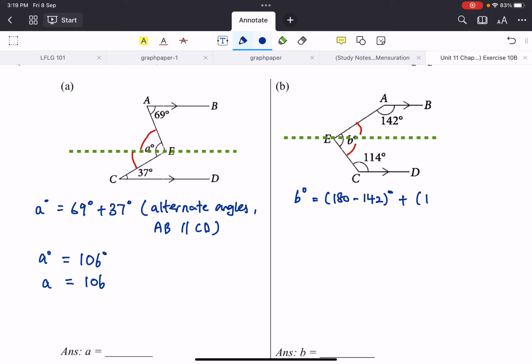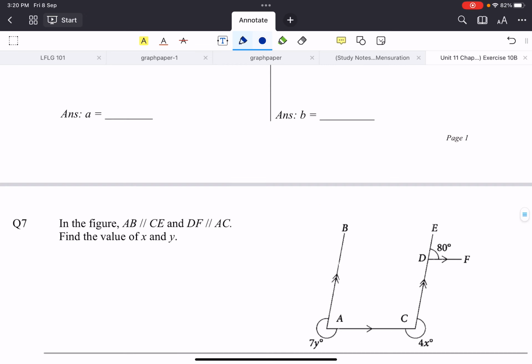Plus 180 minus 114 degrees. Okay, and the reason is because of interior angles, whereby AB is parallel to CD. So that means B degrees is equals to 104 degrees. B equals to 104. Right, let's move on to the next question.